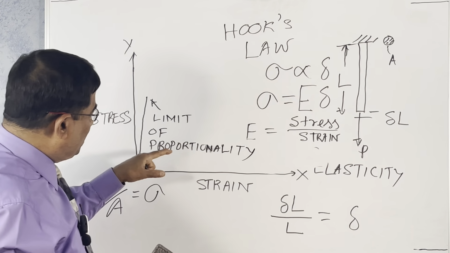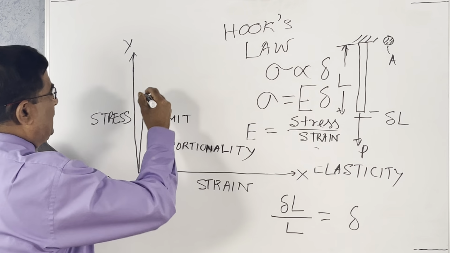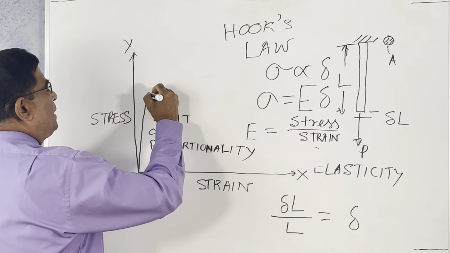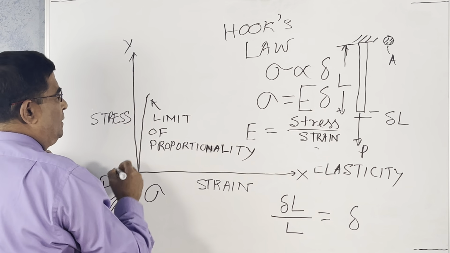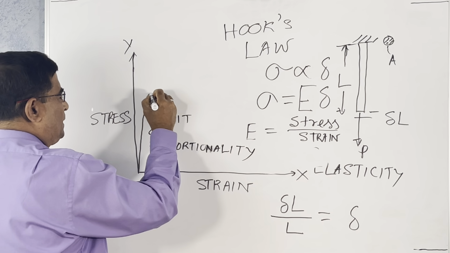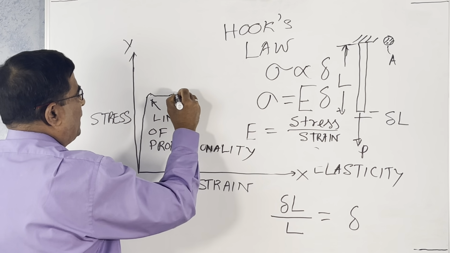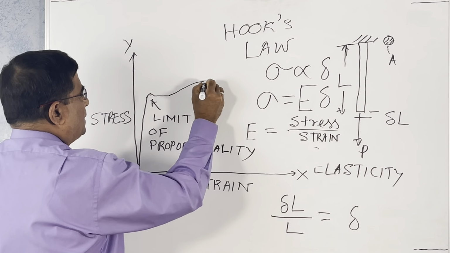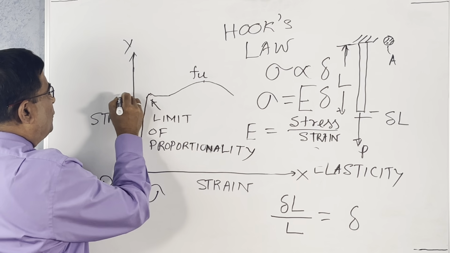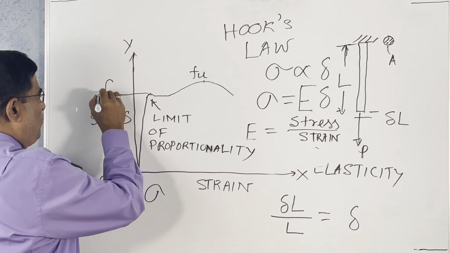After that, the material tries to yield a little bit, and it comes down like that, a little bit horizontal, then it increases. This is the maximum you get. So this is the F ultimate, Fu, and at this point we have got a yield stress Fy.